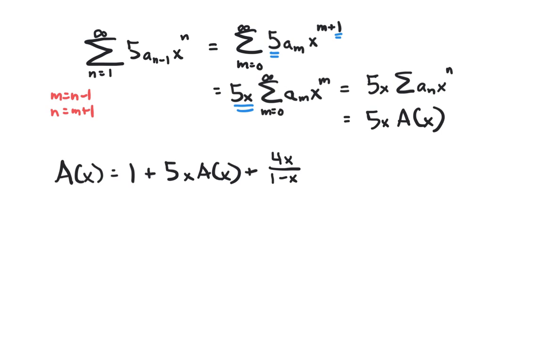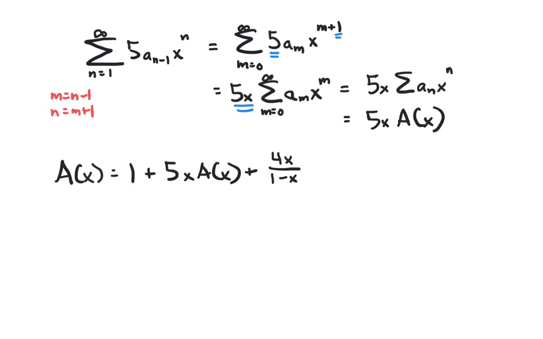And remember, we're looking for an algebraic expression for A(x). So let's solve for A(x) here. So we'll bring over that 5x A(x) to the other side and factor it out.